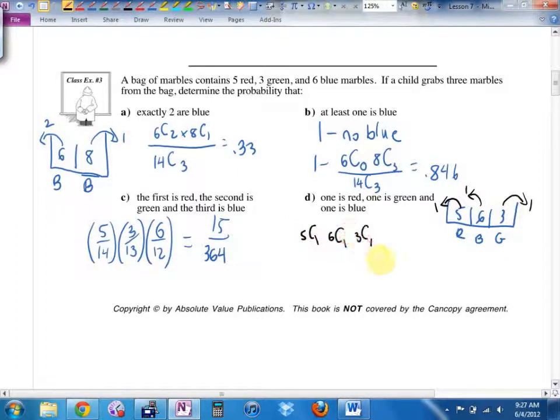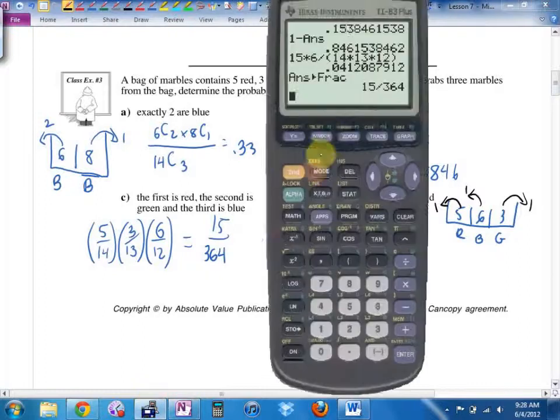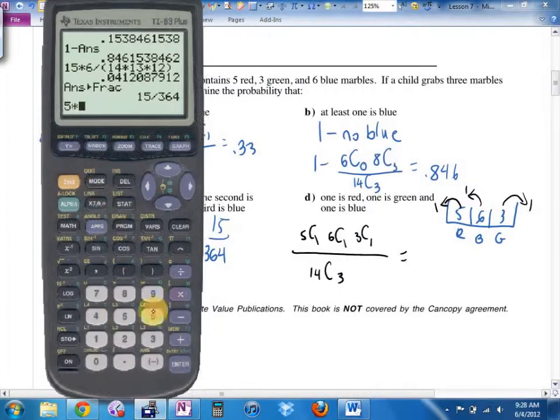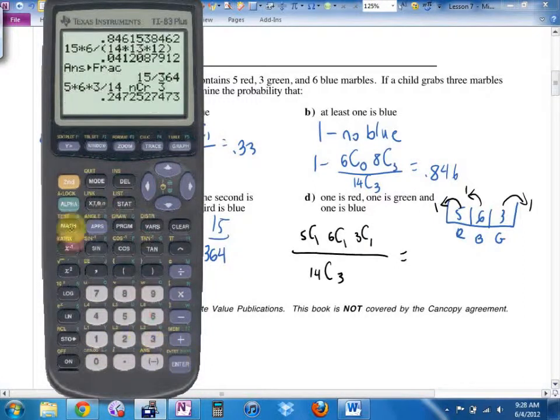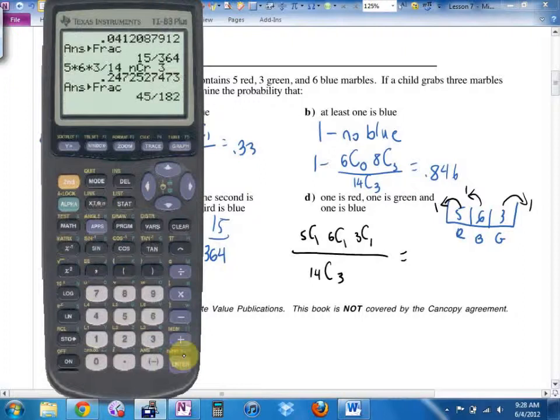By the way, 5 choose 1 is 5, 6 choose 1 is 6, 3 choose 1 is 3. I'd probably just type that. But divided by what? 14 choose 3. 5 times 6 times 3 divided by 14 choose 3. 45 out of 182.